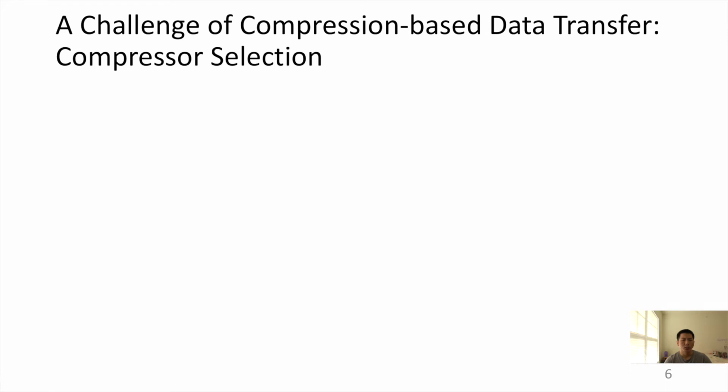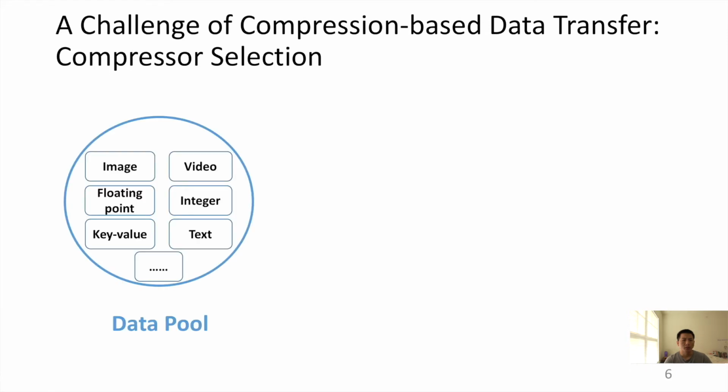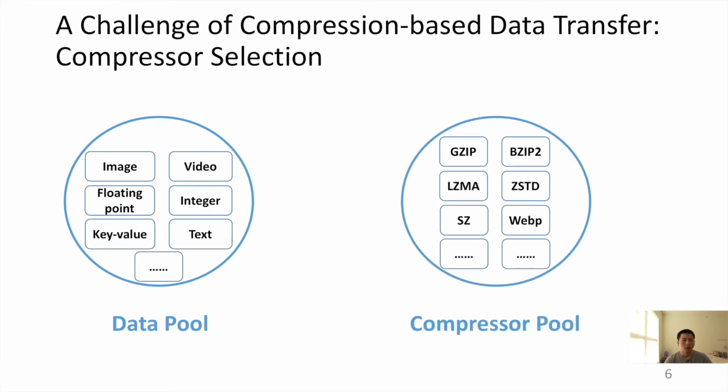That's the compressor selection. In the IoT environment, we have different types of files, like image, video, and other types. On the other hand, we have different compressor choices, and the different compressors have different performance on different data.